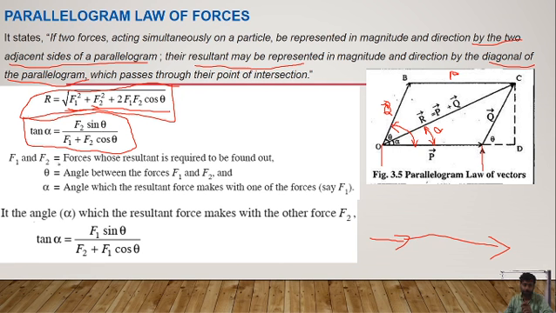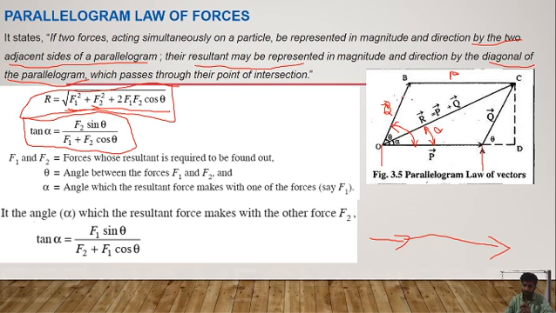F1 and F2 are the forces; in this figure they are known as P and Q. Theta is the angle between the forces. Alpha is the angle of the resultant. One more thing: alpha is the angle made with P or F1.